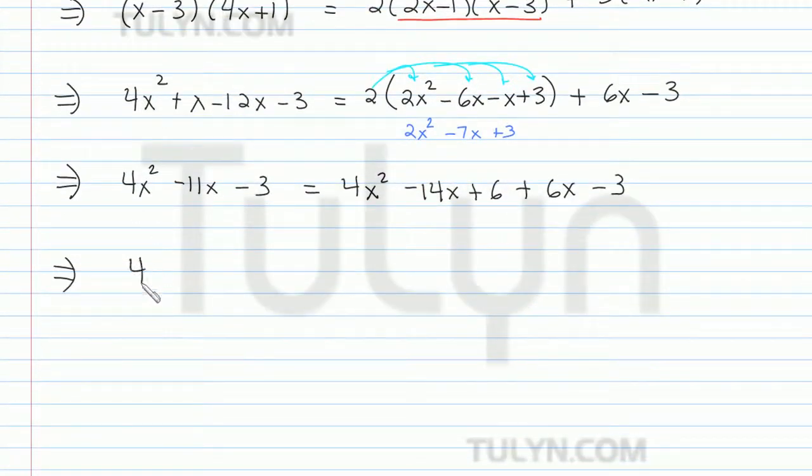On the left side, there are no like terms, so we'll leave it as is for now. And then on the right side, 4x squared stays the same, but we got a negative 14x and a plus 6x, which gives us negative 8x, and then we have a positive 6 and a negative 3, which is just going to give us positive 3.